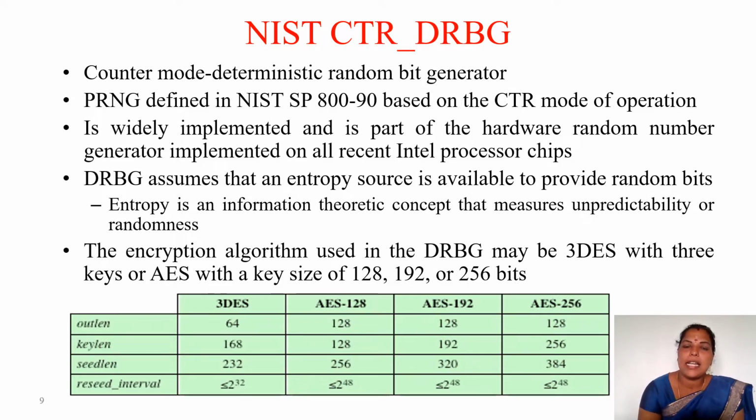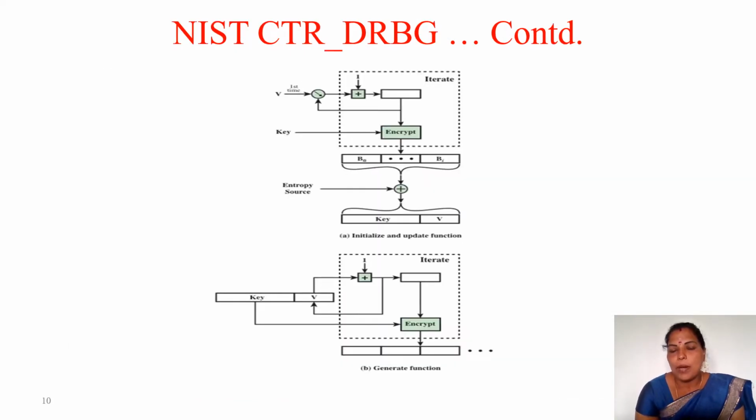Let us see the schematic diagram of the CTR deterministic random bit generator. This is the block schematic of the NIST CTR deterministic random bit generator. Here we have the initialize and update function as well as the generate function. First is the initialize and update function.